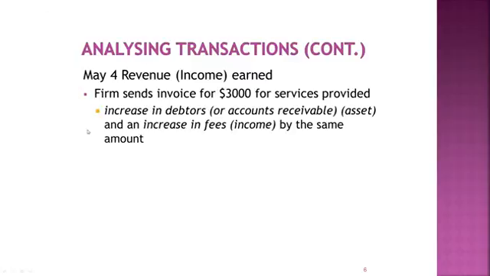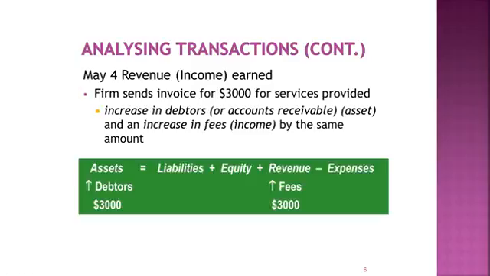Now remember that income or revenue is part of capital. It increases capital. So when we have a look at this, we can expand our accounting equation out. Assets are equal to liabilities plus owner's equity plus revenue minus expenses. And the revenue minus expenses represents the net profit.